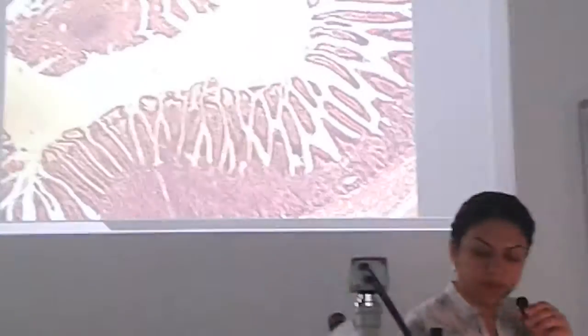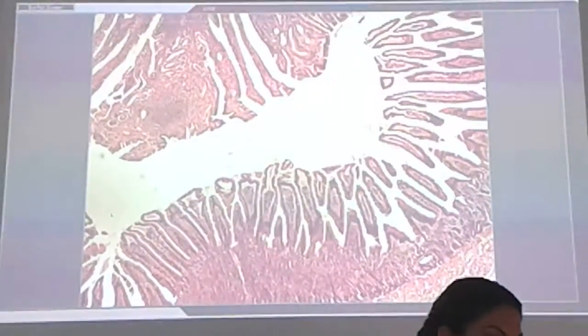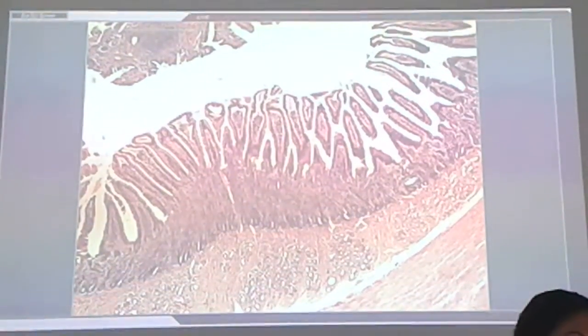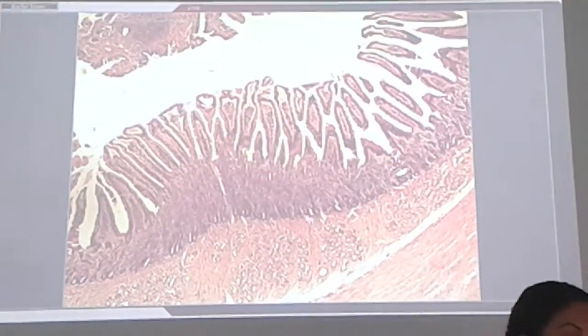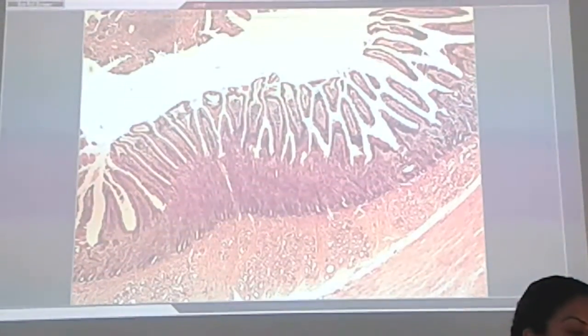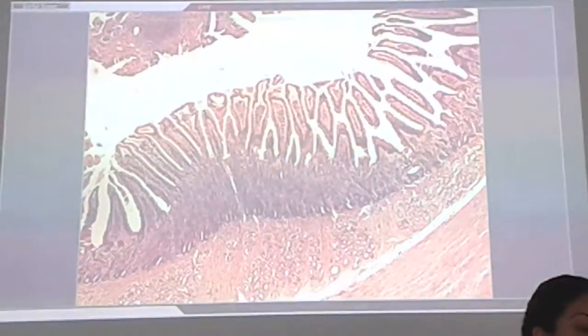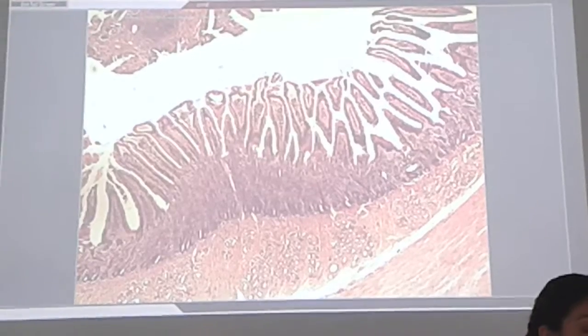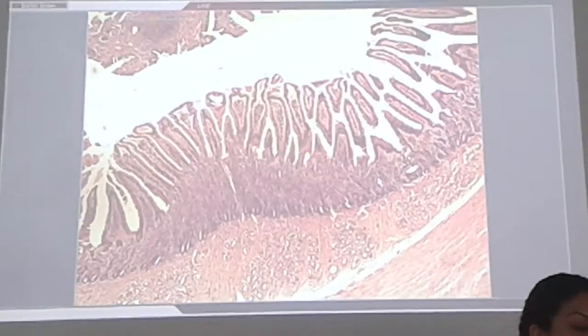Okay, so what did I tell you? I've told you that this is the mucosa, and beneath the mucosa there is the muscularis mucosa. I'll show you the muscularis mucosa. But before the muscularis mucosa, you see these structures.